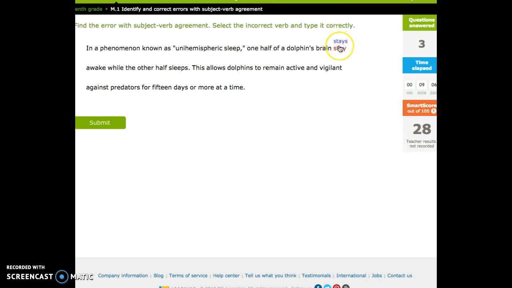A brain stays. Okay, 3/5 of a brain would still stay. Hopefully we'll get a different type of example in a minute, and I'll show you how it can be different. But in this example, what is it that stays? A dolphin brain. A brain.